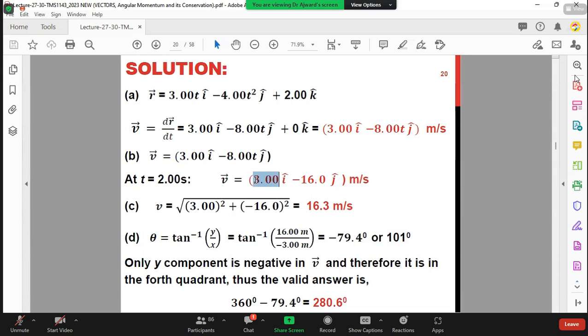But by looking at it, because the x component is positive, only you can tell which one. For the calculator, when you calculate it, both answers are correct, because it doesn't know that the x component is positive. Once you divide minus 16 by 3, it just gives a negative number. So for the calculator, both are correct, but you have to understand the only correct answer is this one, because the x component is positive.